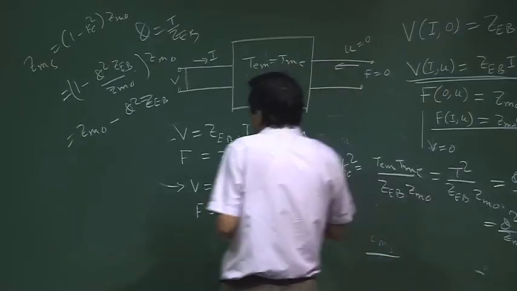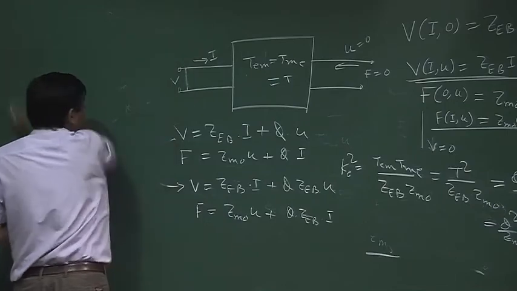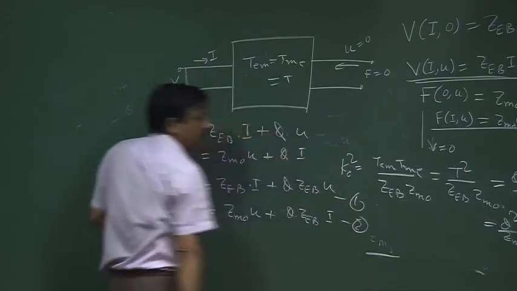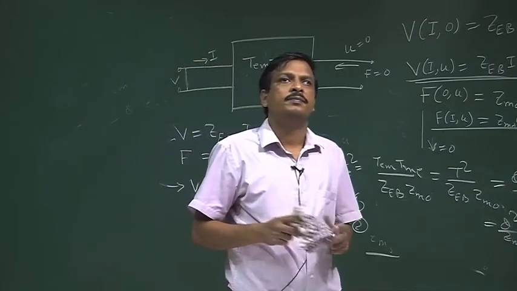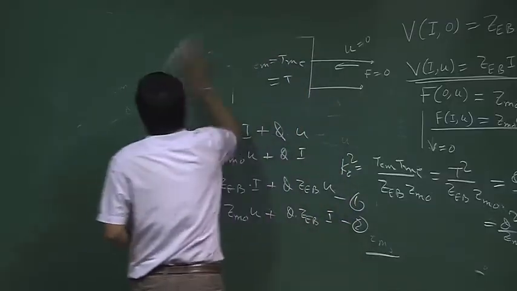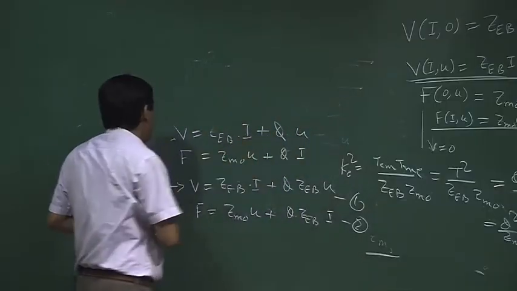Now, this is your equation number 1 and this is equation number 2. Then can you draw the equivalent electrical circuit? What is the equivalent electrical circuit? Let us try to draw it from that equation.